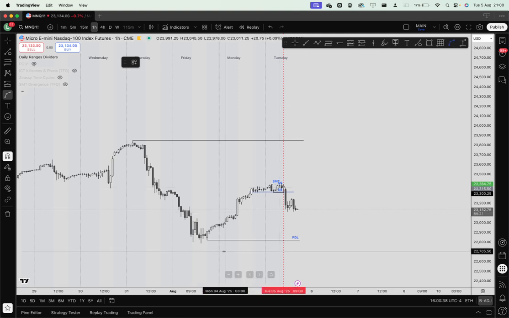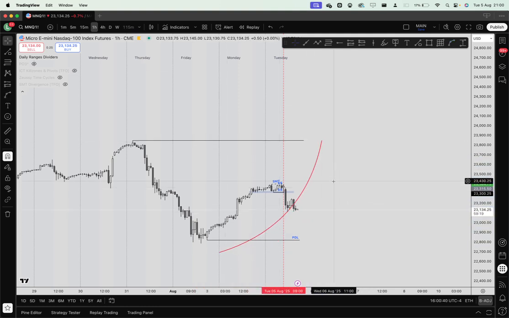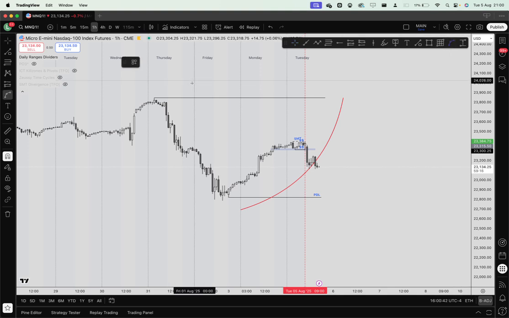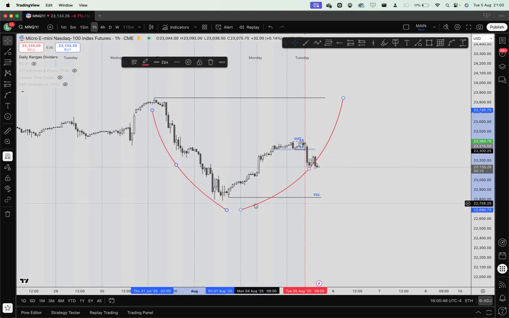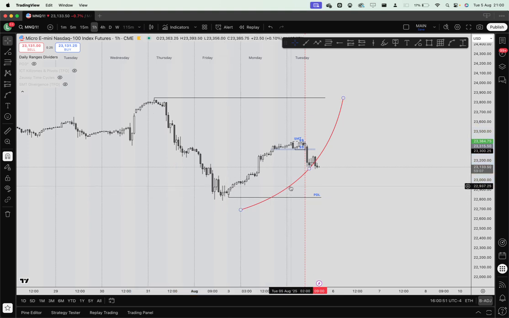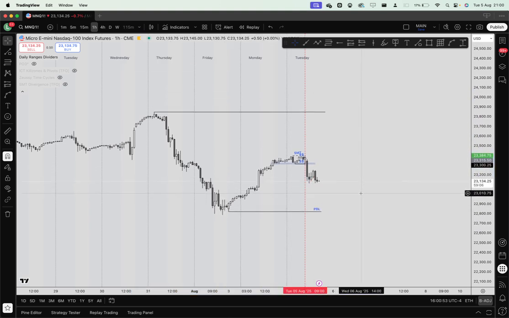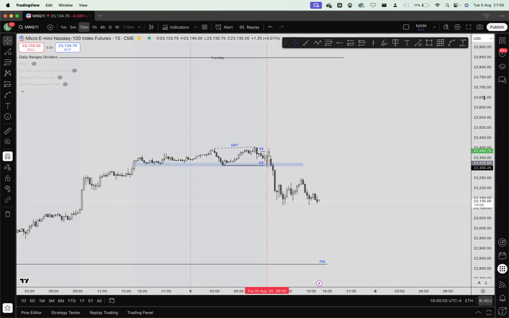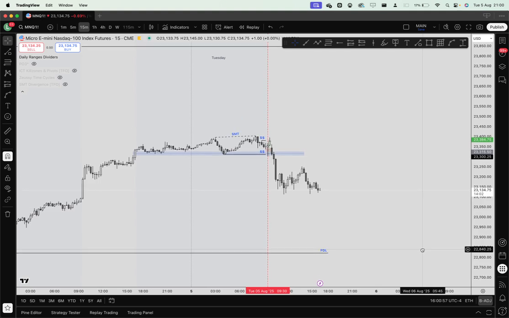So if anything, I was probably bullish, but there was nothing incredible to show me that price is going to go higher, apart from the high time frame market maker buy model. So coming into the day, I was just waiting for price to show me what it wanted to do.